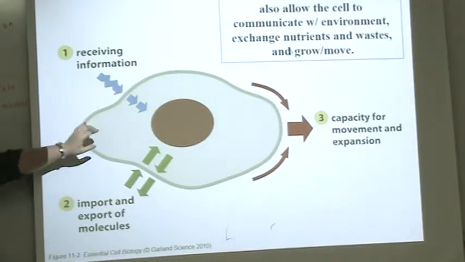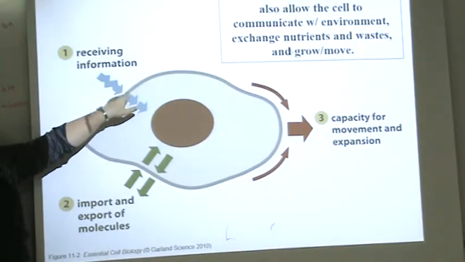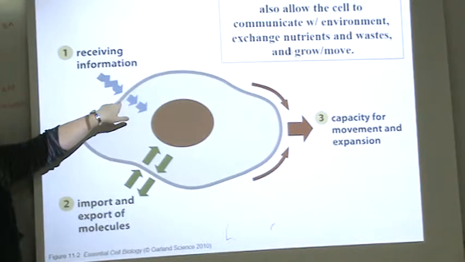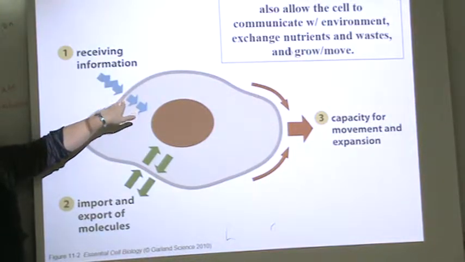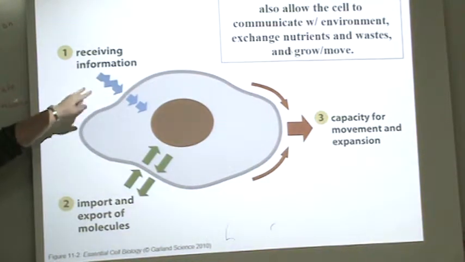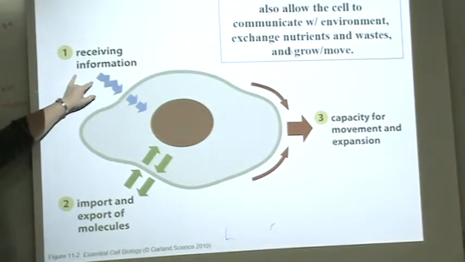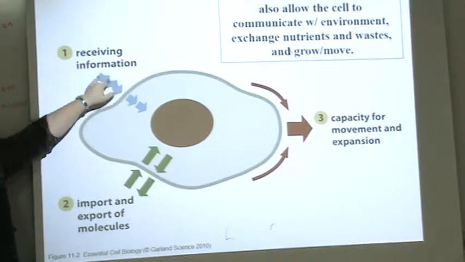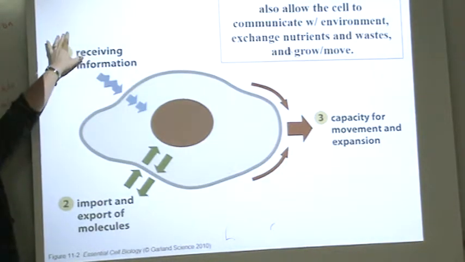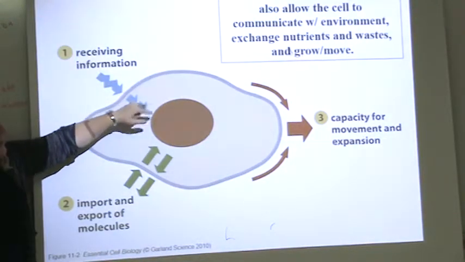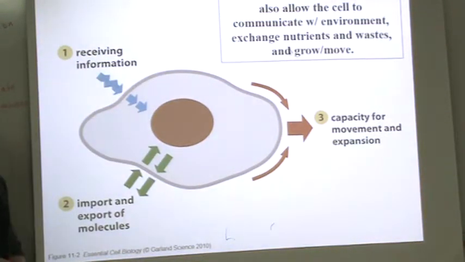Sort of like having a person stationed at a border, maybe on both sides or maybe within the barrier, getting information, sending information. A lot of our signal transduction pathways that we'll look at later start with something that happens outside the cell, and something gets the information to the inside of the cell.